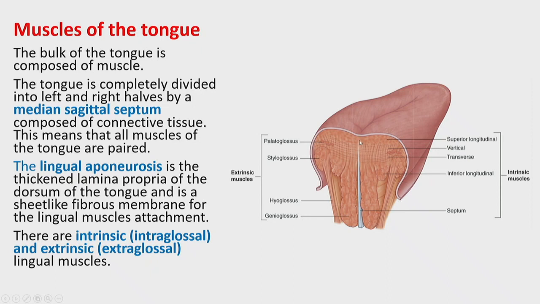The other that we also mentioned is the lingual septum, or the midline sagittal septum, which divides the tongue into left and right. These two very dense connective tissues are the place for attachment of all these muscles.